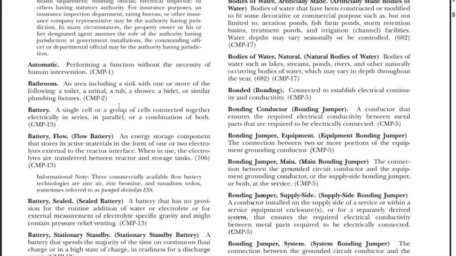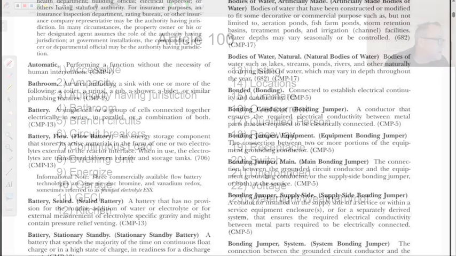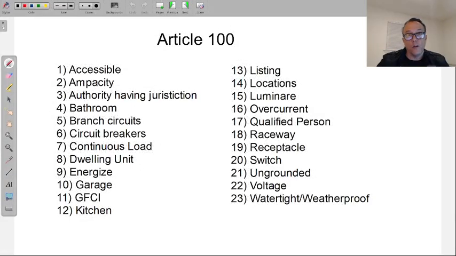So a bathroom is, as it says there, an area including a sink with one or more of these. So first there has to be a sink, then there has to be one or more of these other ones. And you guys have all been in bathrooms, I assume. So you've seen this situation, and you've seen now why we can label, like, let's say, for example, in a house they have a sink and a toilet, no shower, so they call it a half bath.